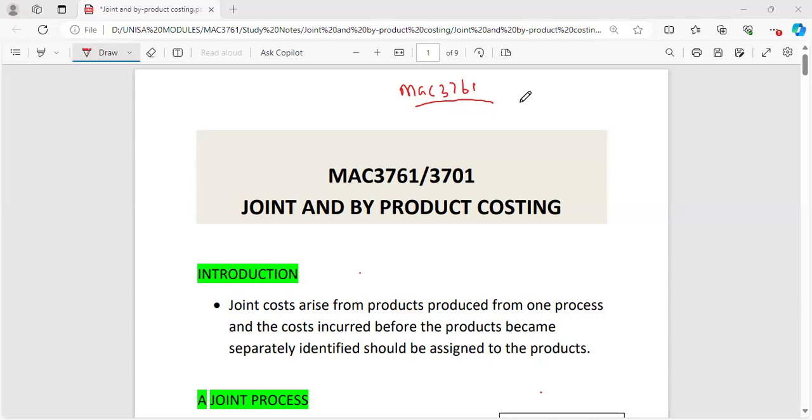Right, so in today's class, we're going to look at joint and byproduct costing.